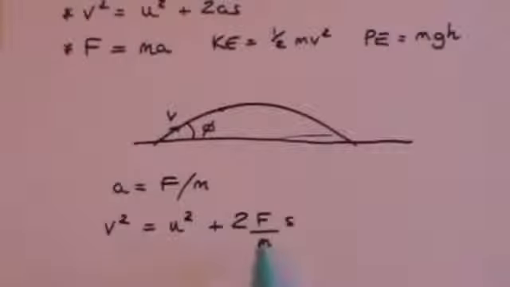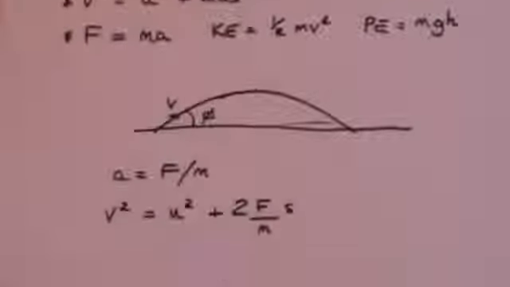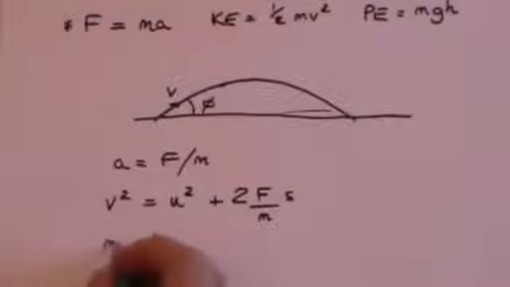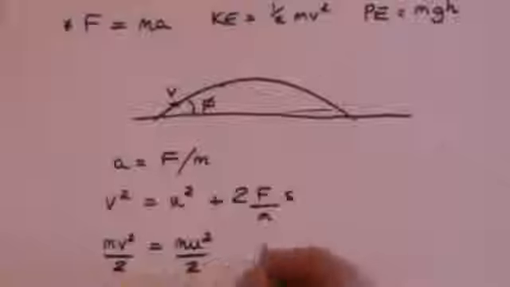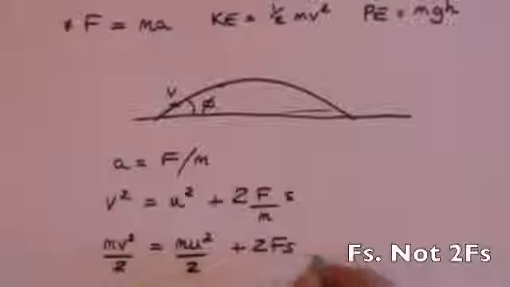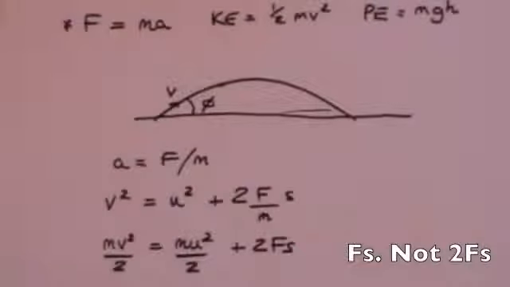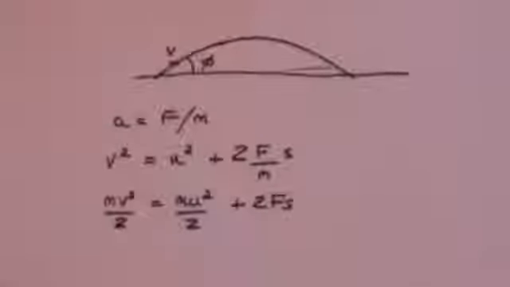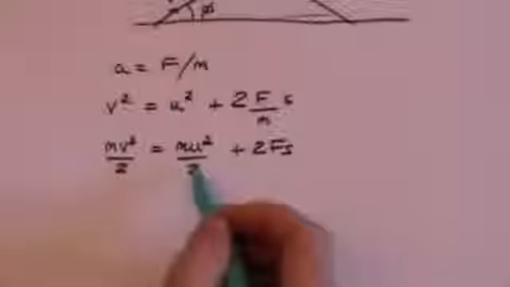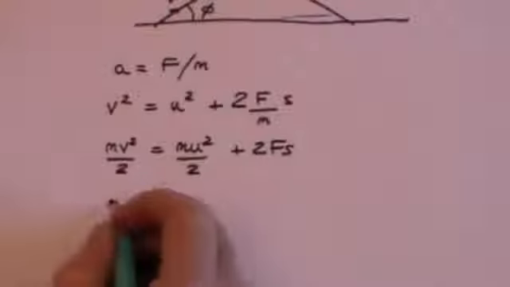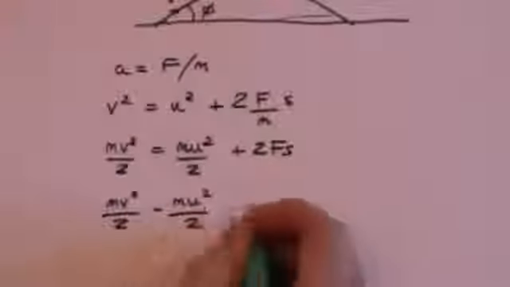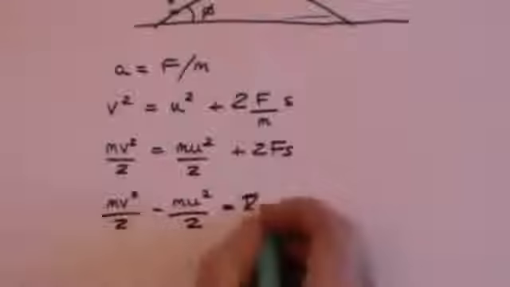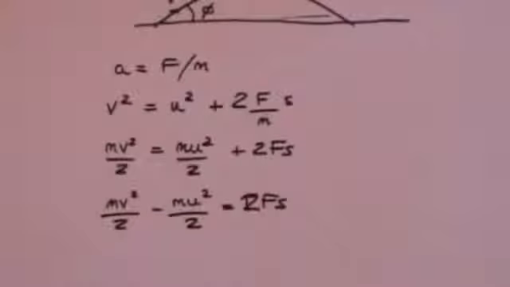And now if I multiply through on all sides by m over 2, I will get that mv squared over 2 equals mu squared over 2 plus 2Fs, simply by multiplying through by m over 2. And now by taking the mu squared over 2 onto the other side, we get mv squared over 2 minus mu squared over 2 equals 2Fs.